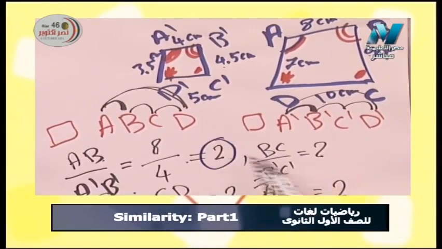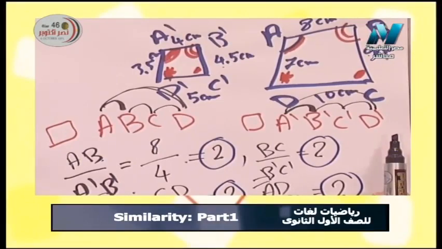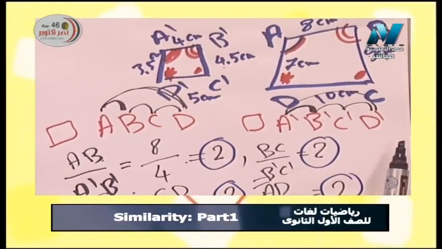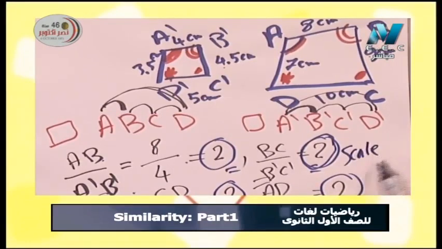This ratio equals this ratio equals this ratio equals this ratio. So each two corresponding sides are proportional, because if we divide the first over its corresponding, we get the same ratio, as you see. This ratio, which is 2, is called the scale factor.